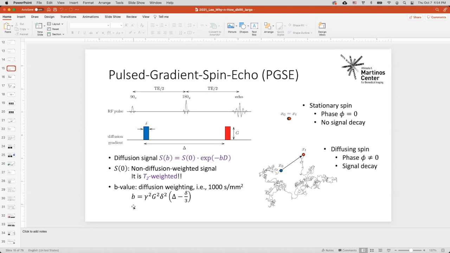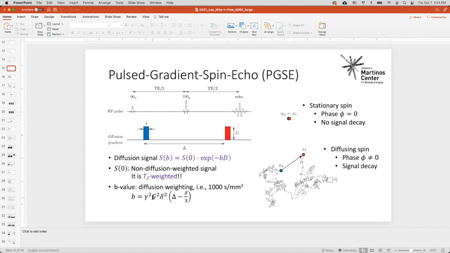That is because sometimes we see a 4 pi squared in the b-value formula because people use gamma bar, and gamma bar is gamma divided by 2 pi. When we use gamma, the unit we use is megahertz per Tesla.